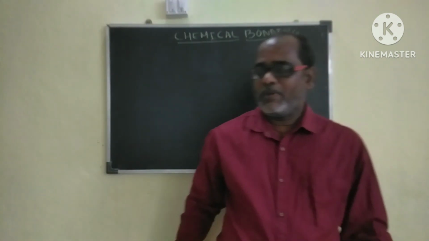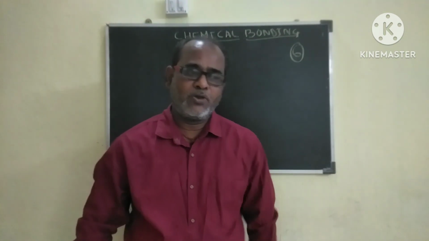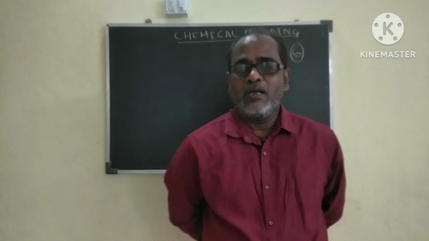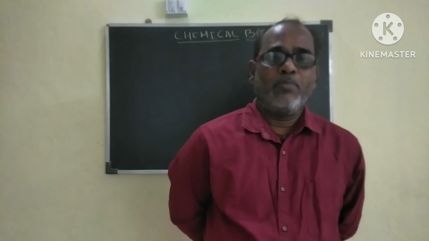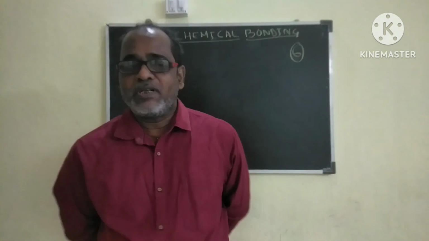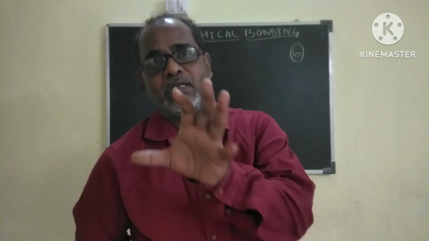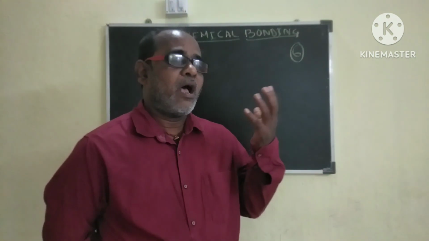To understand chemical bonding, first we have to know the concept of chemical combination. Then we have to find out what is the meaning of chemical combination, why combination occurs, and what types of chemical combination there are.